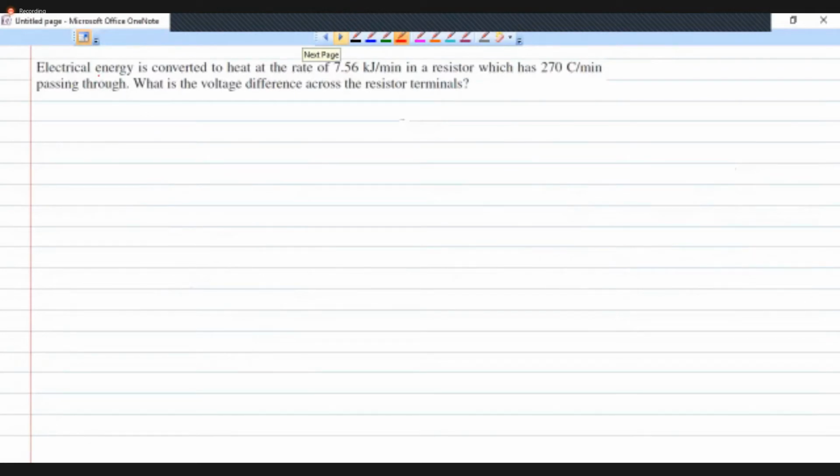Some exercise: electrical energy is converted to heat at the rate of 7.56 kilojoules per minute in a resistor which has 270 coulomb per minute passing through. What is the voltage difference across the resistor terminals? P is equal to VI, here V is the voltage.